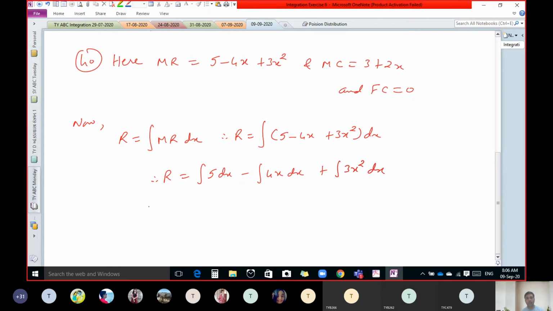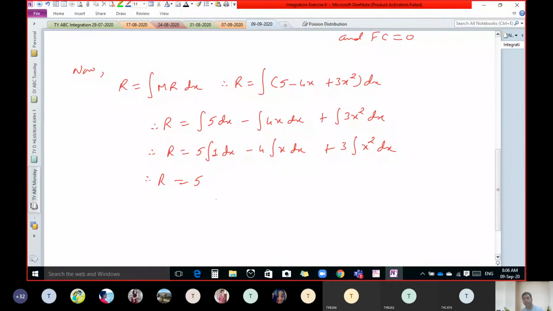You can take the constant outside. And then write the answer. So integration of 1. Now tell me, what is integration of 1?